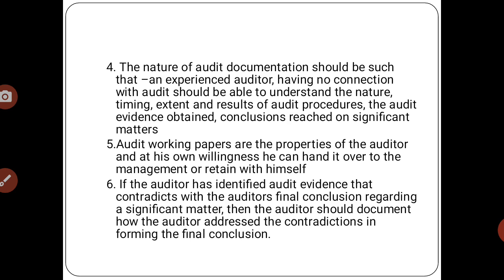If the auditor has identified audit evidence that contradicts the auditor's final conclusion regarding a significant matter, then the auditor should document how he addressed the contradiction in forming the final conclusion.